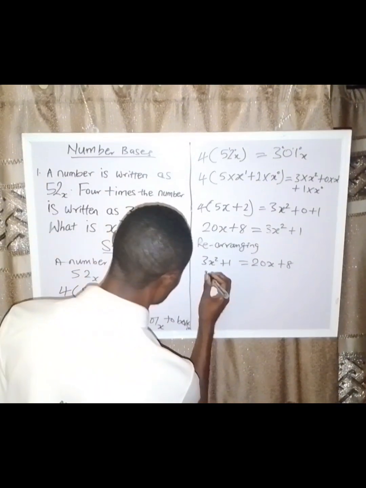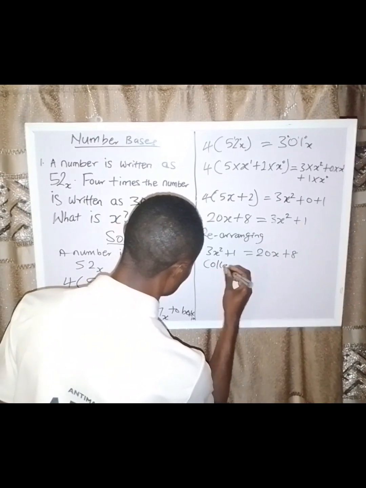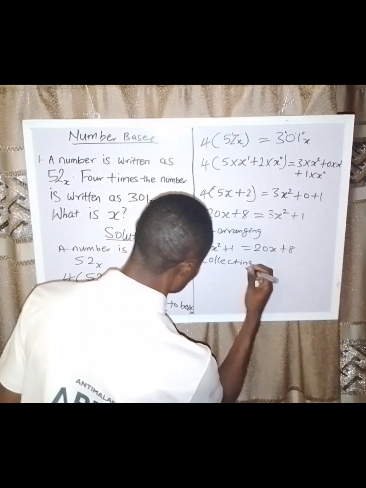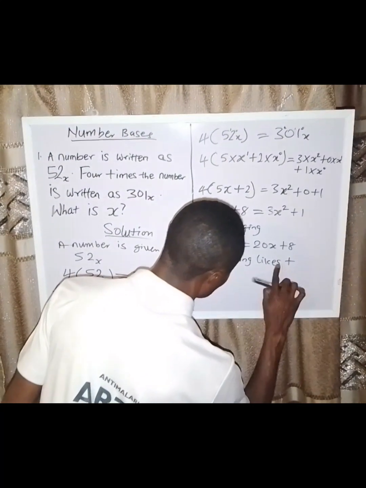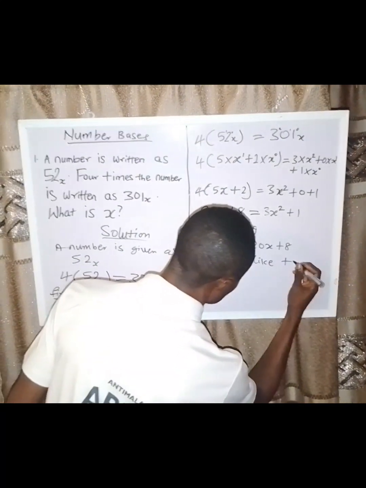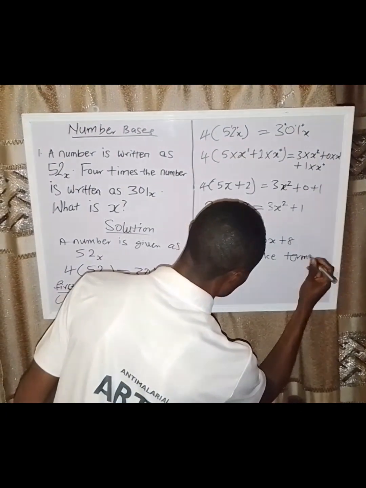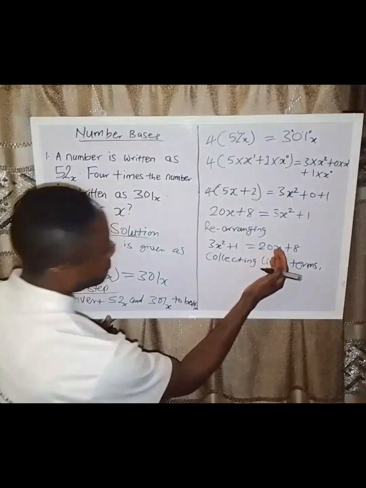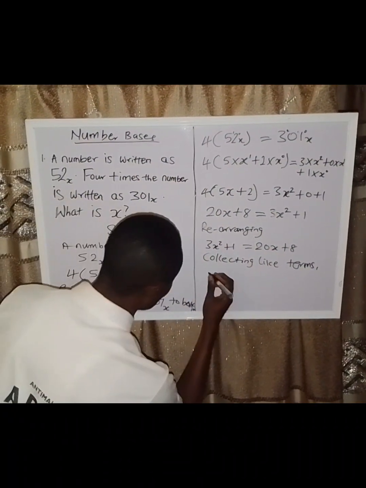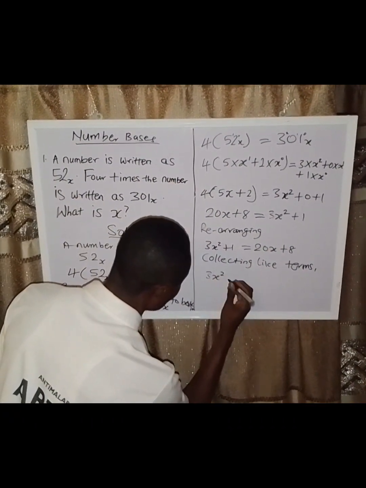So collecting like terms, we bring those values with the variable together, which is 3x squared.